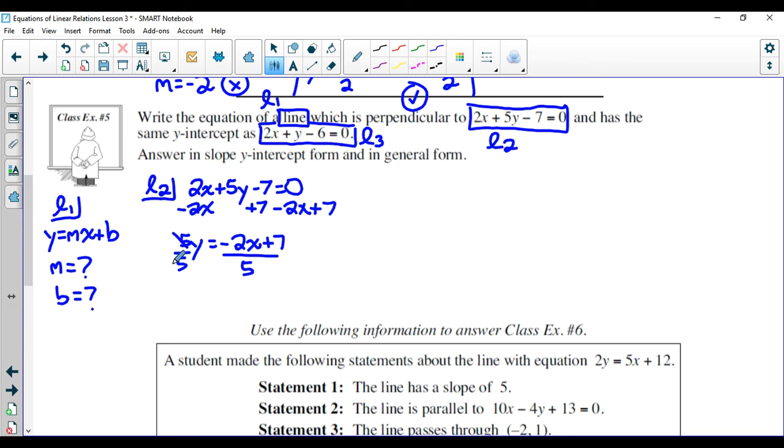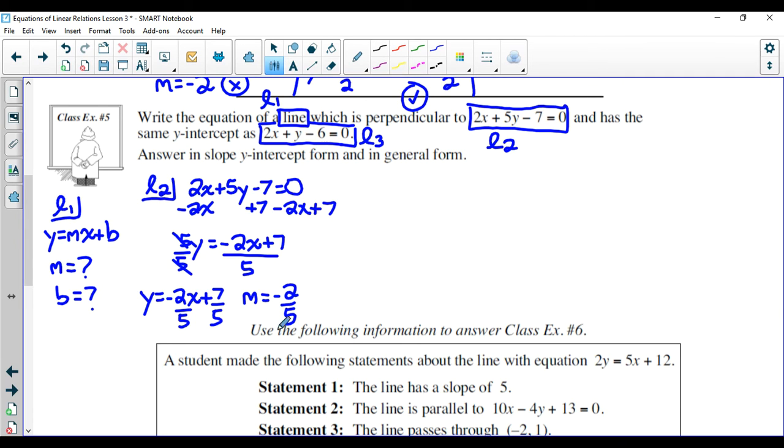Okay, to get y by itself, divide this side by 5, divide this side by 5. The 5s will cancel off. And then we'd have y is going to be equal to, let's write these fractions out, negative 2x over 5 plus 7 over 5. Okay, so y equals mx plus b. So the slope of this line is negative 2 over 5.